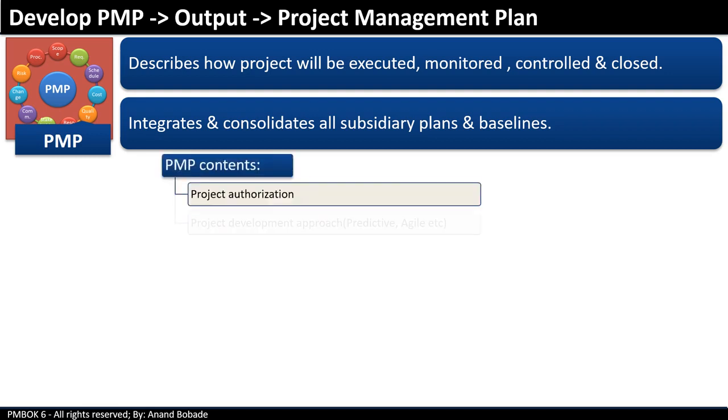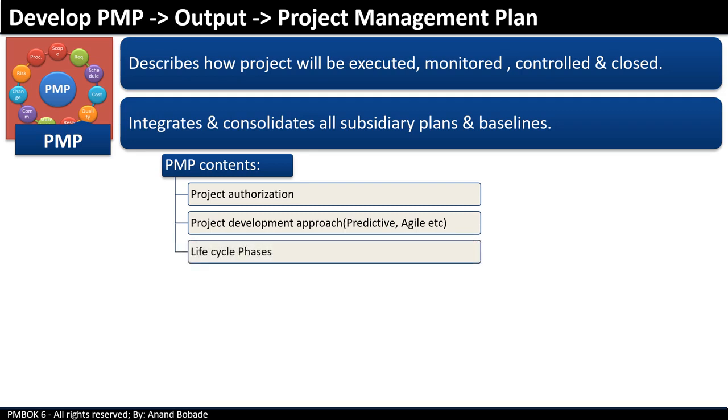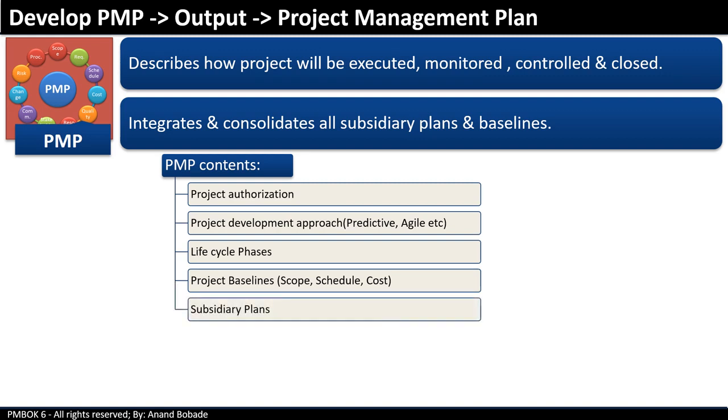It contains project authorization, project development approach like predictive or agile, life cycle phases and respective deliverables for each phase, project baselines like scope baseline, schedule baseline, and cost baseline, and all subsidiary plans like scope management plan, schedule management plan, cost management plan, etc.